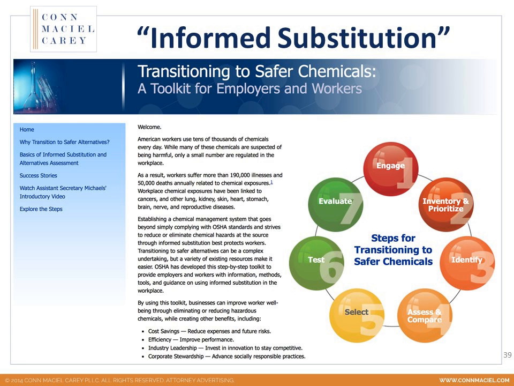They then look to that team to do an assessment and comparison to chemicals that may be less hazardous, and then actually test out those alternative chemicals, evaluate them, and see which can be substituted. I'd encourage looking at their toolkit to see if it might be useful in your workplace.